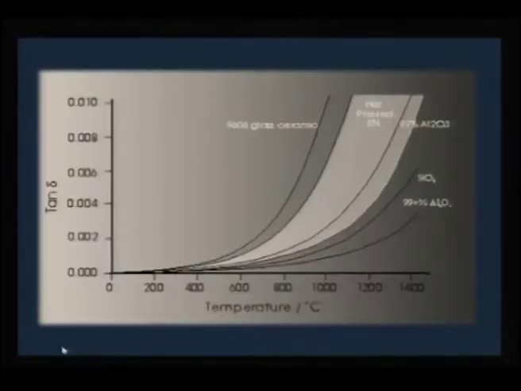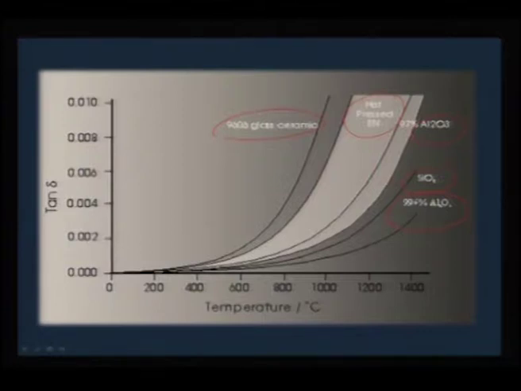But when we come to solids, we need to understand that it is not as simple as the solution process. As you would see here, this is a good example of a glass ceramic, and this is a hot pressed boron nitride, this is alumina, this is silica, and this is again 99% alumina.